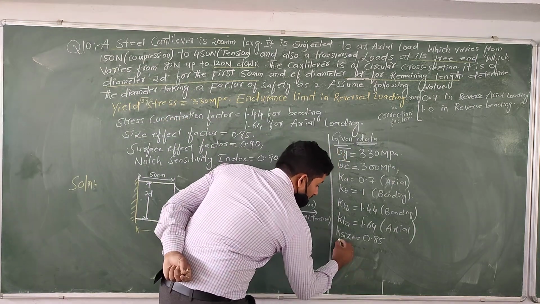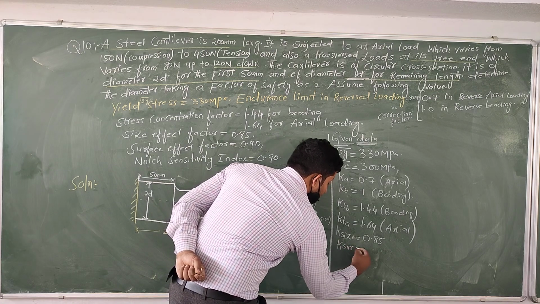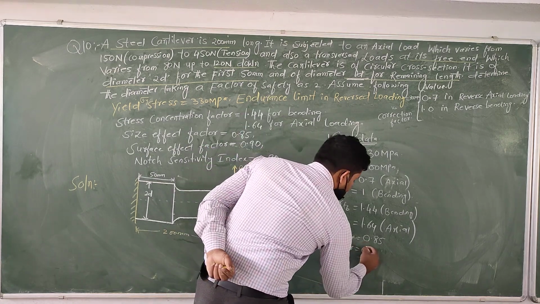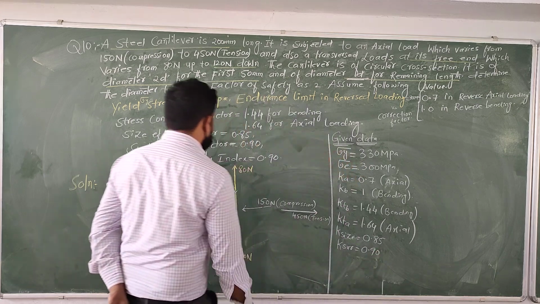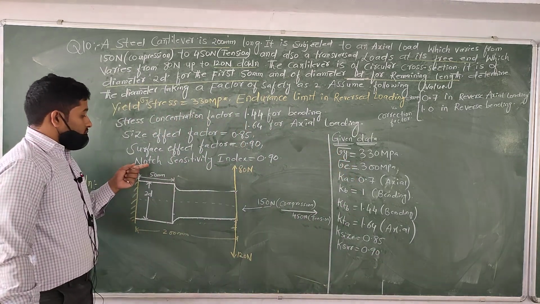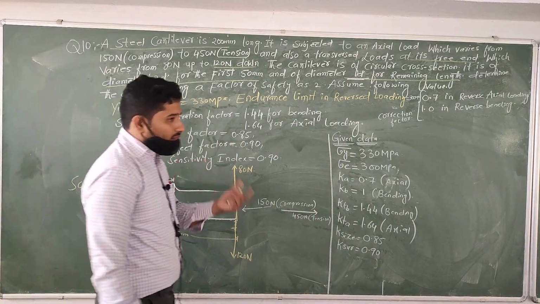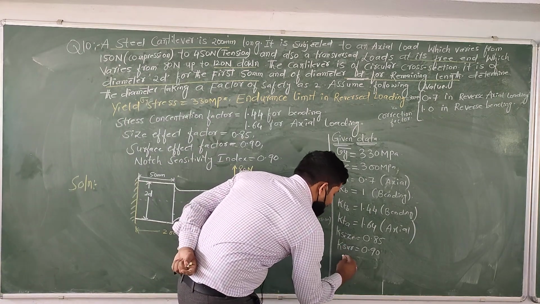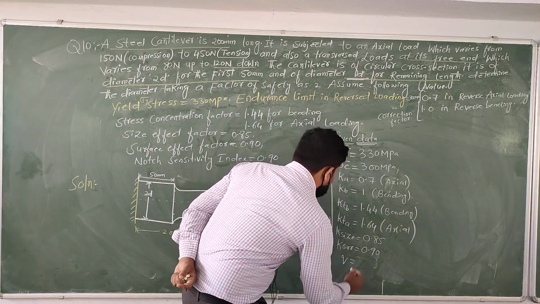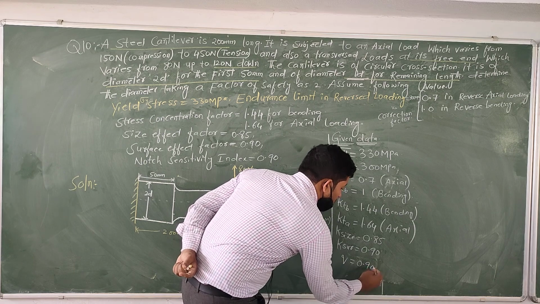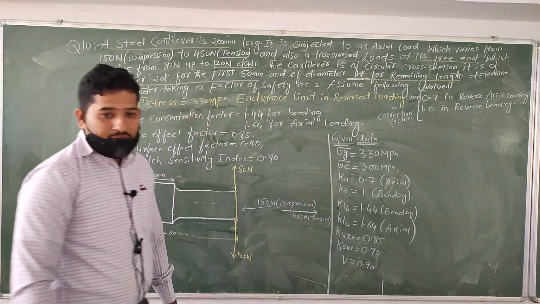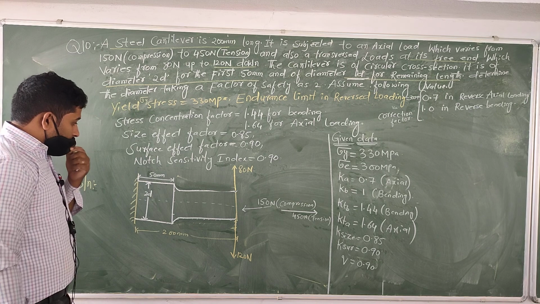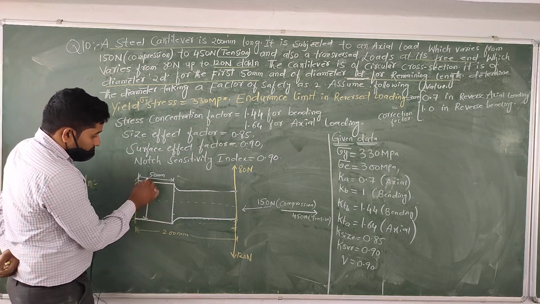Okay, K surface equal to 0.90 is given. Is it right? And the notch sensitivity index, we can represent by q equal to 0.90 of the material is given. Is it right?